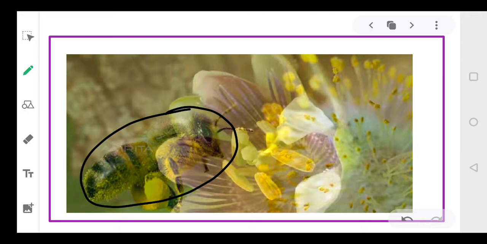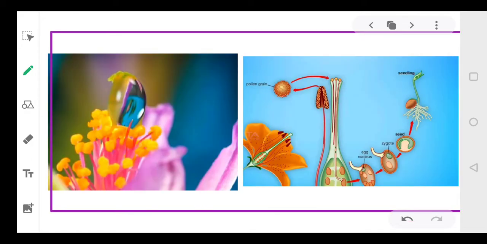Insects visit from one flower to another and help in the transport of pollen grains. Isn't it, students? Flowers are beautifully colored, and the insects visit the flowers for nectar or for shelter, and for different rewards, and in turn they transfer the pollen grains from one flower to another.